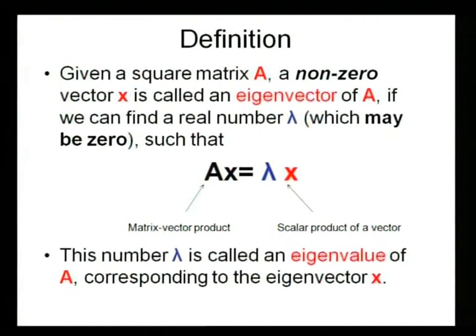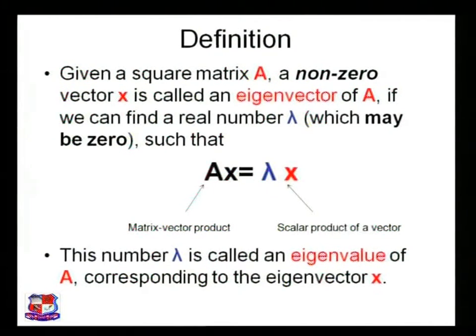Note that first of all, A is a square matrix, which means we can find eigenvalues and eigenvectors only for a square matrix. Second, the eigenvector is a non-zero vector, so an eigenvector can never be zero, while the eigenvalue is a real number which may be equal to 0, and both satisfy the equation Ax is equal to lambda x.